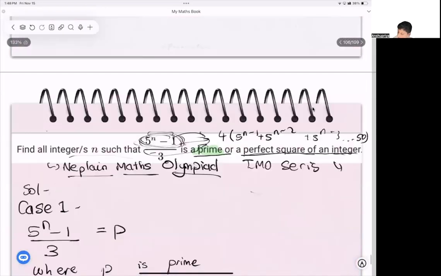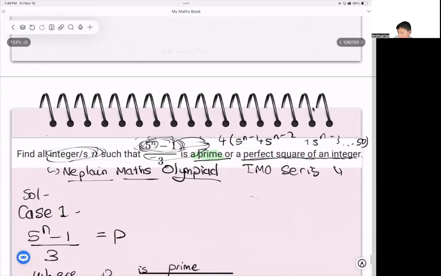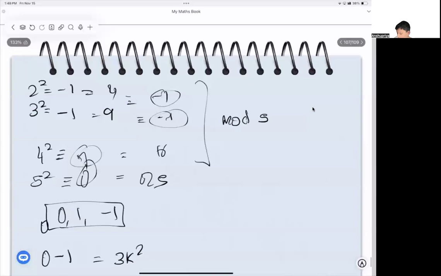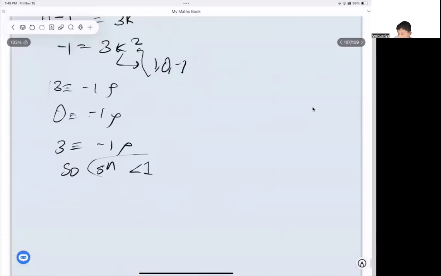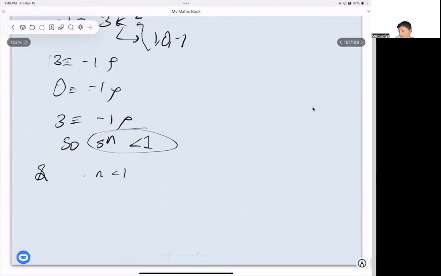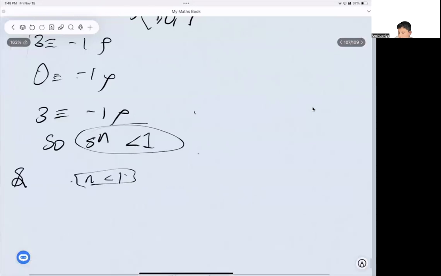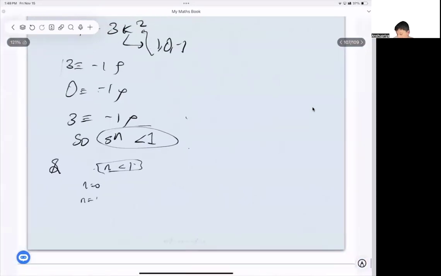But it's given that we need to find all integers n. So n is less than 1, and since it's an integer, either n is equal to 0 or n is negative.